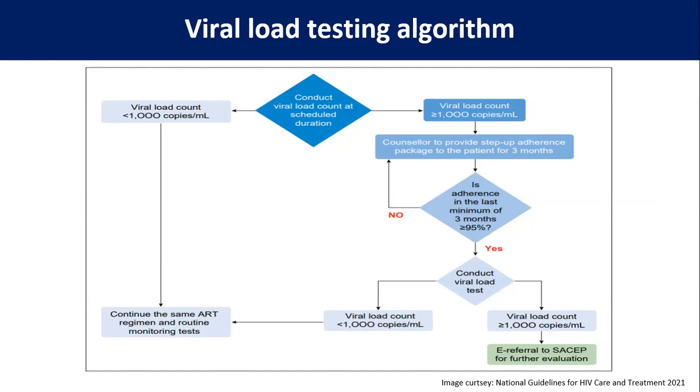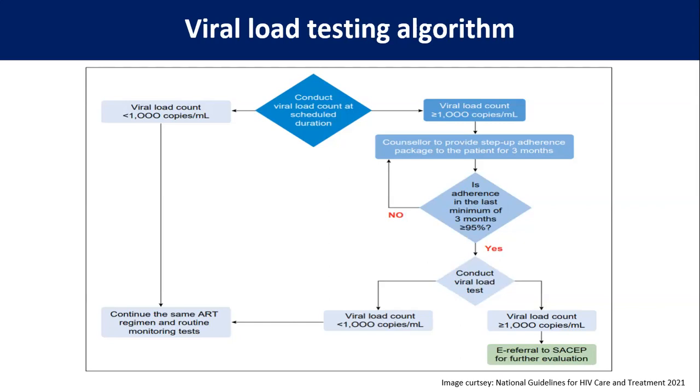If it is not adequate, we need to go for enhanced adherence counseling for 3 months. If after increasing adherence to more than 95% in each month, we repeat the viral load test, and the viral load is less than 1,000, we again continue the same ART regimen and monitor the patient as per the national guideline.